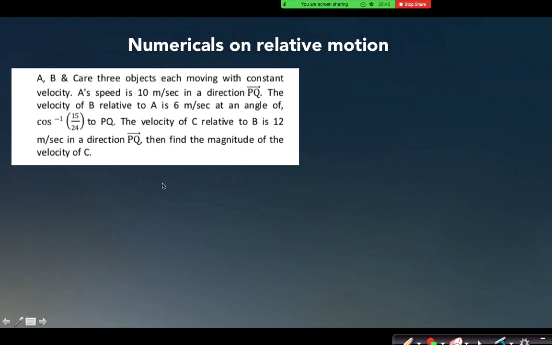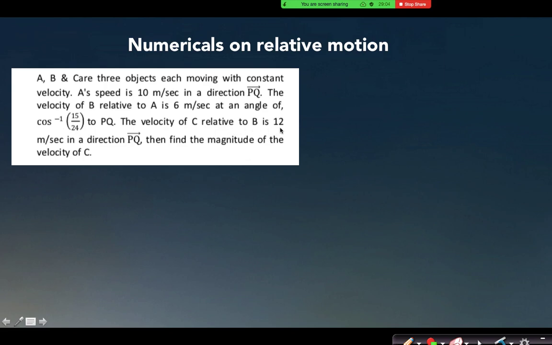Try to solve this one. Here 3 particles are there. A, B, C are 3 objects, each moving with constant velocity. A's speed is 10 meter per second in the direction PQ. Velocity of B relative to A is 6 meter per second at angle cos inverse 15 by 24 to PQ.